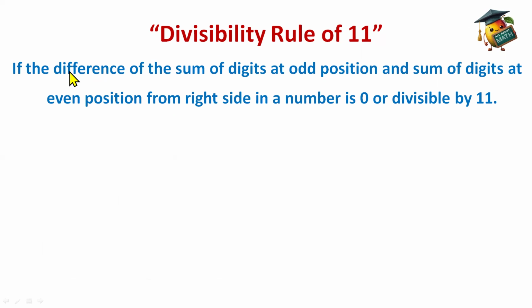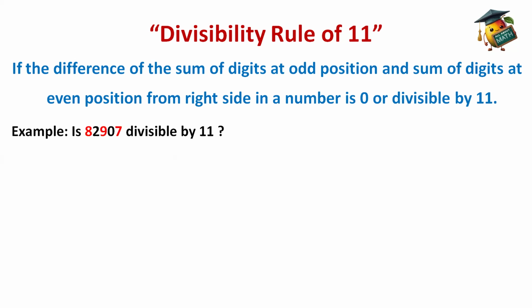So basically, at the end you have to find the difference of the sum of digits at odd places and the sum of digits at even places. And then after taking out the difference, it should either be 0 or divisible by 11. Now let's see an example.